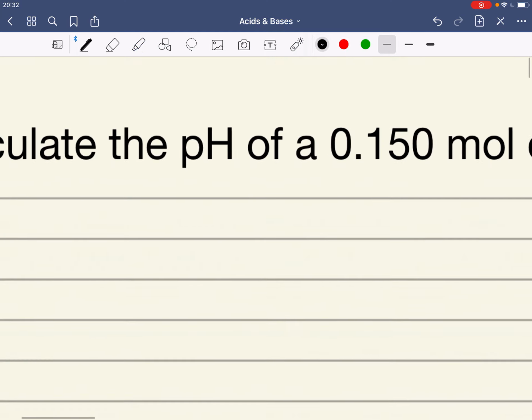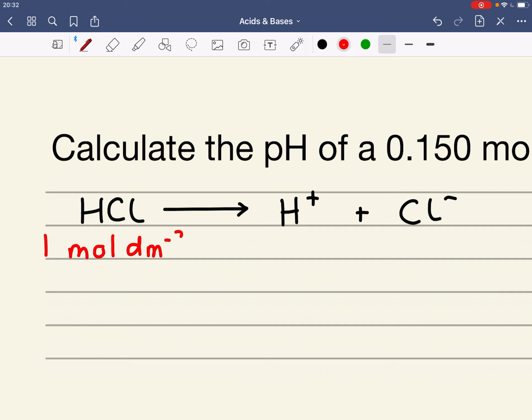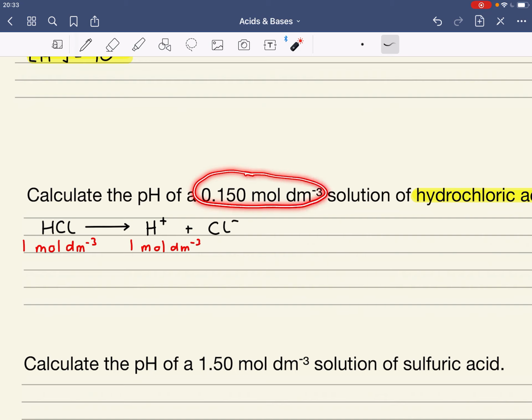And as such, if we write the following equation, hydrochloric acid fully dissociates in solution to hydrogen ions and chloride ions, and as such, if I've got 1 mole per decimetre of hydrochloric acid, I'll also have 1 mole per decimetre of hydrogen ions. So what we're saying is that the concentration of the HCl here will be equal to the concentration of hydrogen ions.